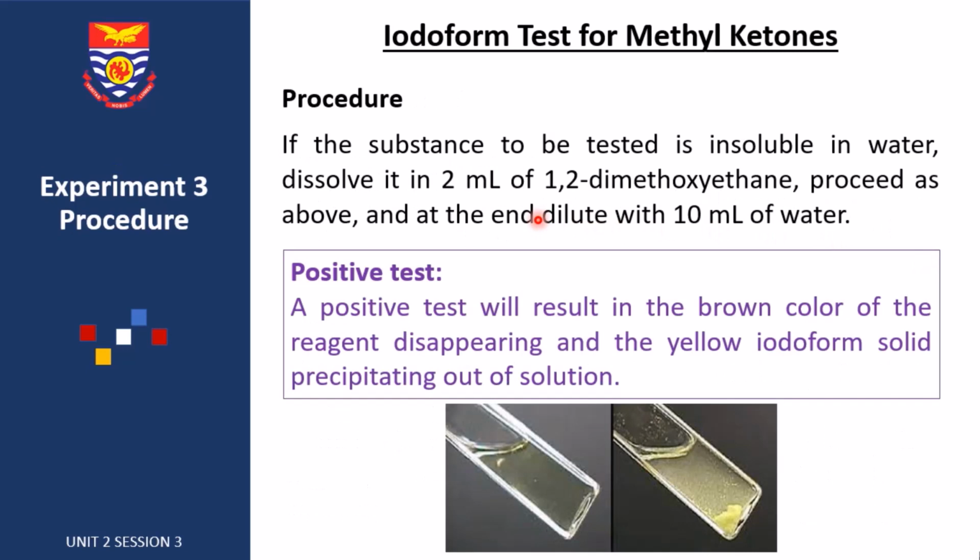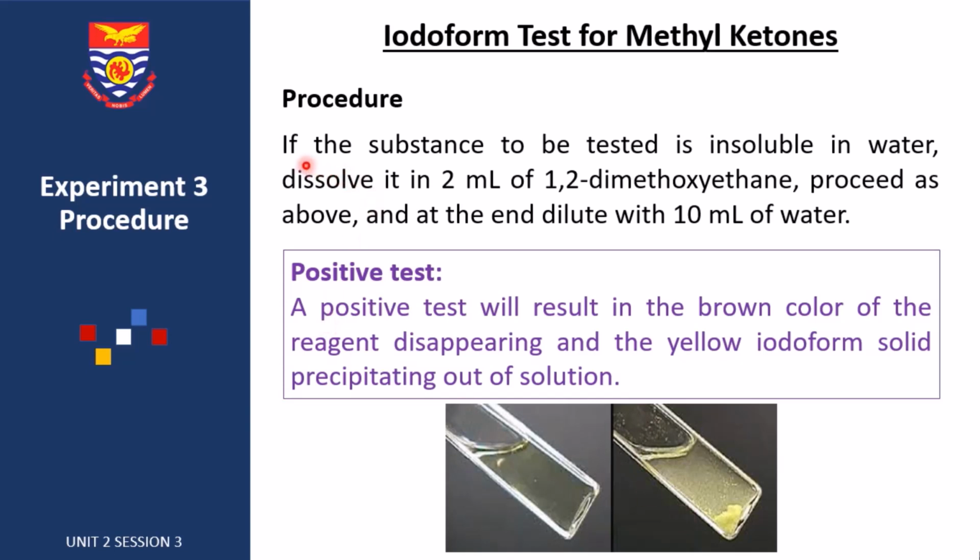A positive test will result in the brown color of the reagent disappearing and a yellow iodoform solid precipitating out of solution. That is the positive test result whether the unknown is soluble in water or insoluble in water.